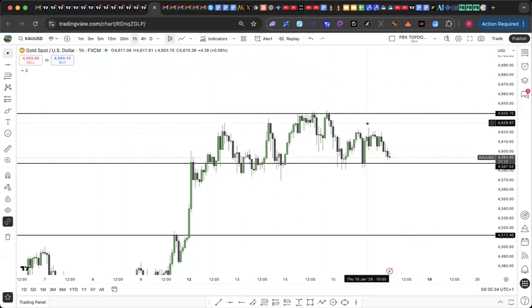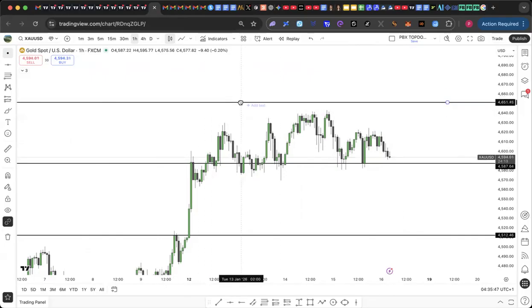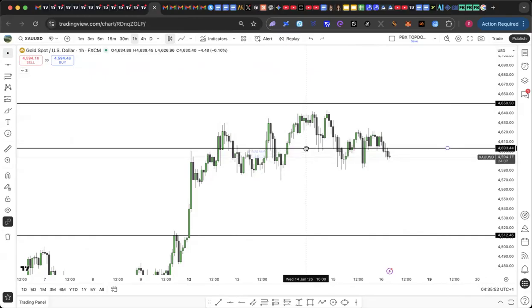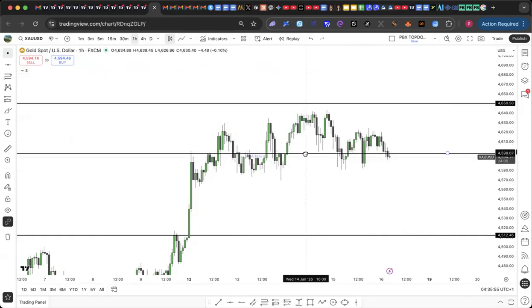Now, since gold has been pushing up, the last high up here, which I expect if gold is going to sell, it will come and tap to, is to take it to 4,650. And the next will be 4,600.